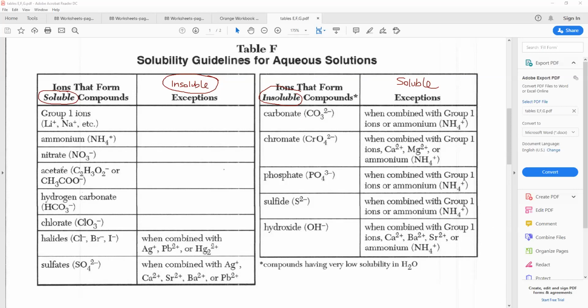Sulfates are soluble unless they are combined with any of these that would make them insoluble. These are insoluble, but group 1, these exceptions make them soluble.